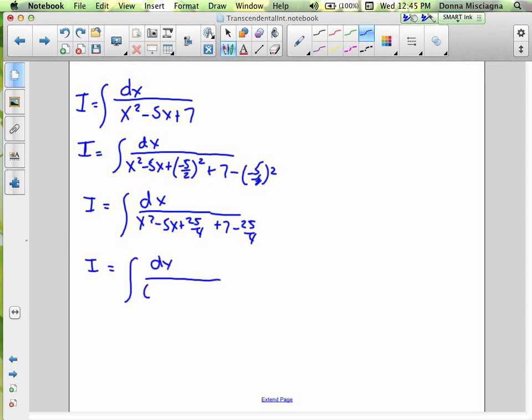This is going to be x minus, and it's minus because b is negative, and then it's just half of b squared, plus 7 is 28 fourths. 28 fourths minus 25 fourths is 3 fourths. All right, so now we have this rewritten. Let's reverse the ordering to make it match something more familiar.